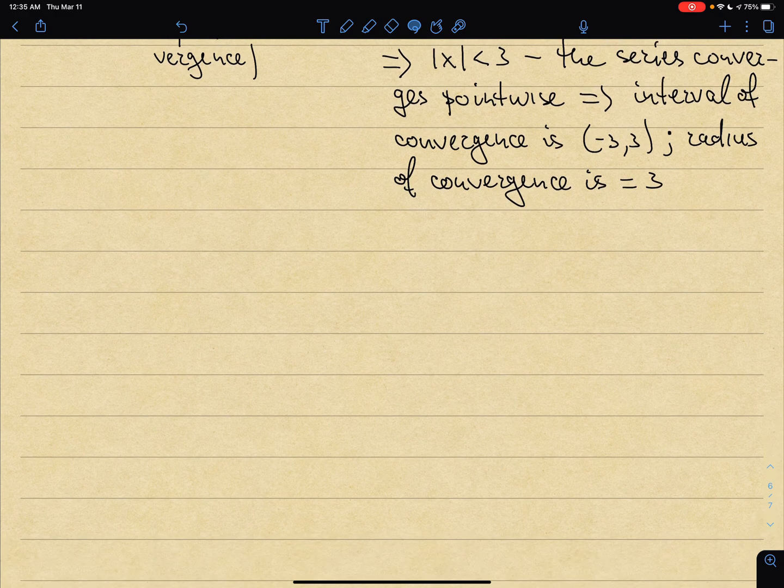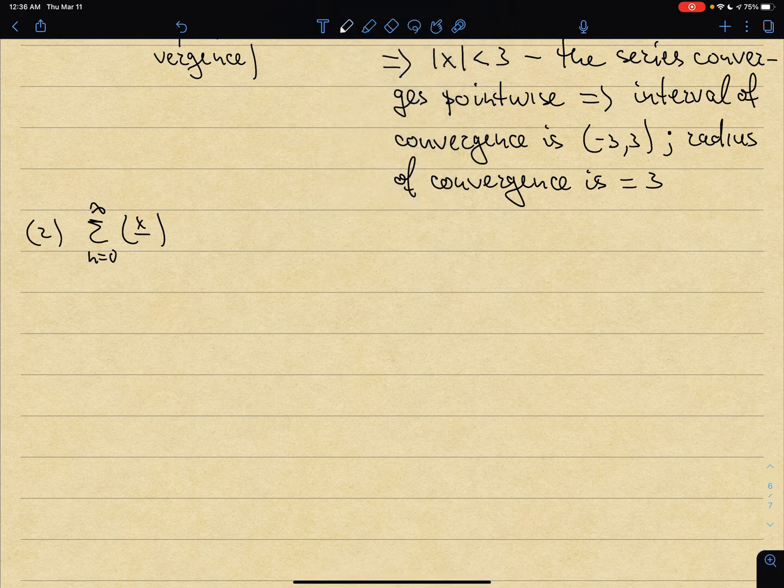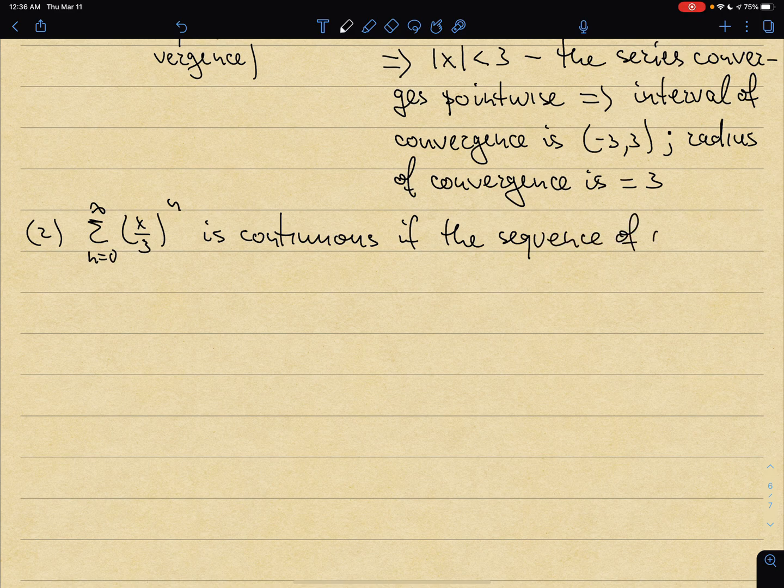So number 2. The sum of the series is continuous if the sequence of partial sums converges uniformly, right?